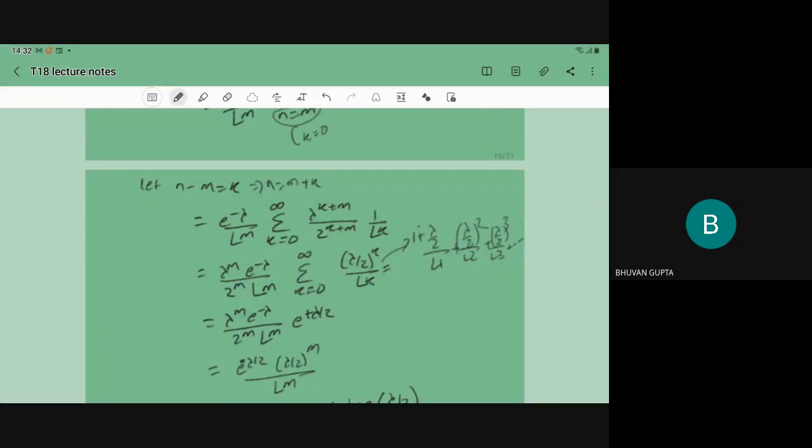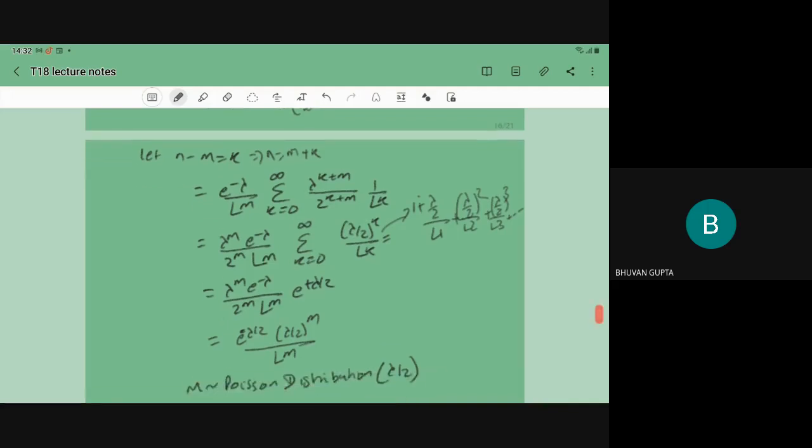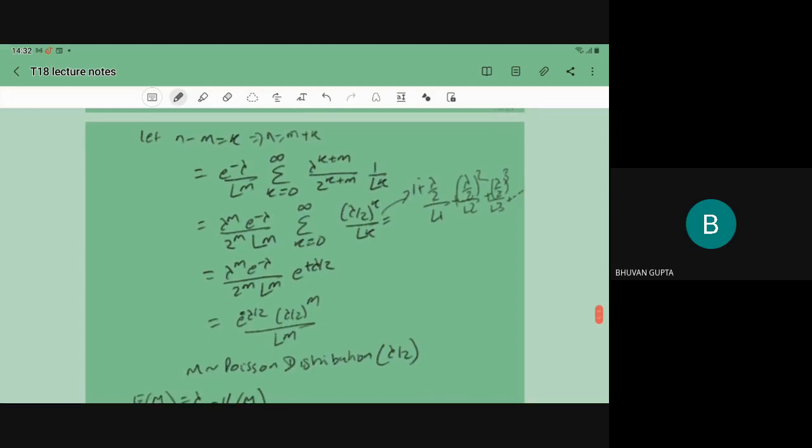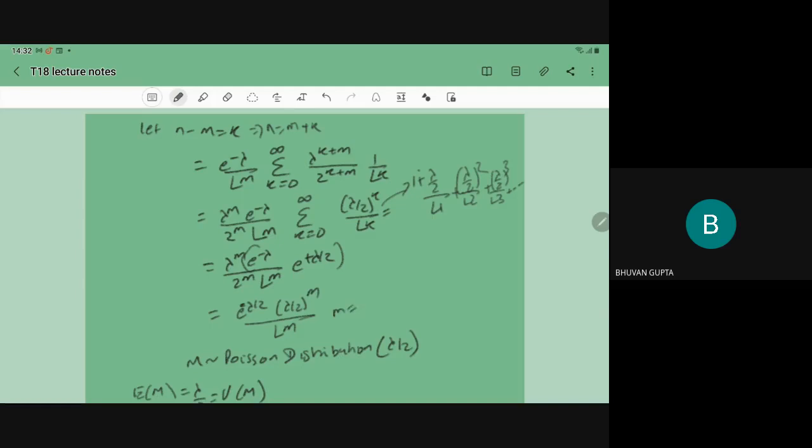So lambda to the power m e to the power minus lambda upon 2 to the power m factorial m into e to the power lambda by 2 can be written as e to the power minus lambda by 2, (lambda by 2) to the power m upon factorial m, where m varies over 0, 1, 2, and so on.